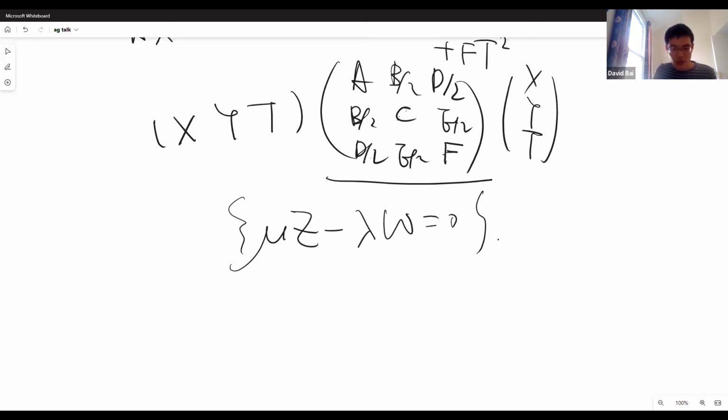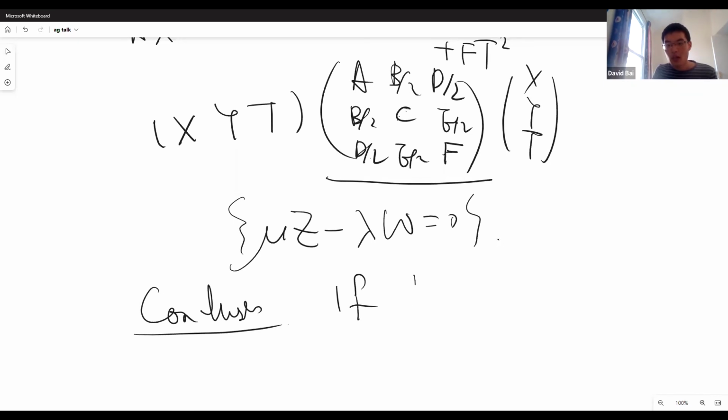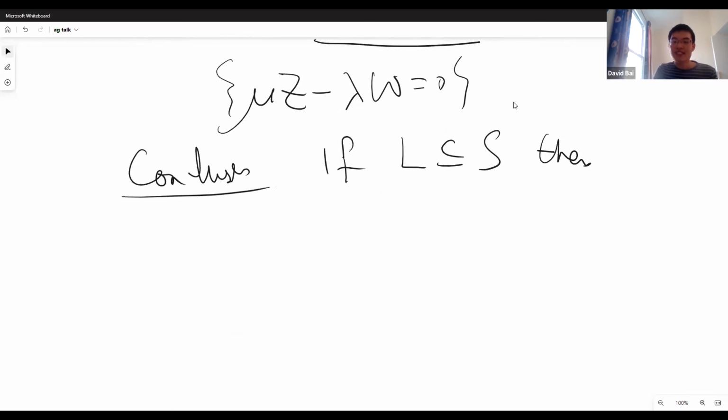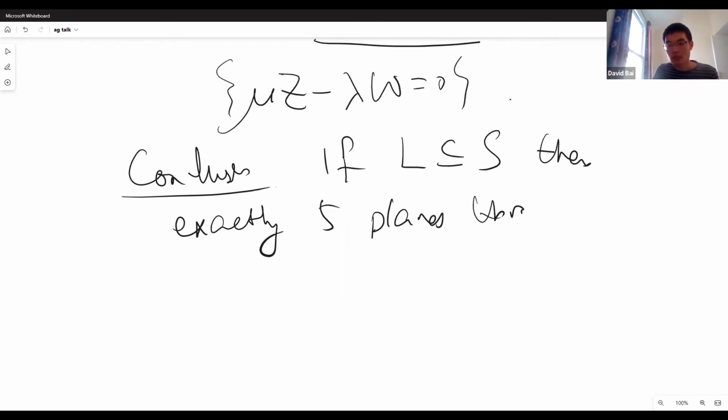So we've concluded the following. I will write a conclusion of the claim because we have proven it. Conclusion: if L is contained in C, where L is a line, then there are exactly 5 planes through L. Five planes, let's say a typical plane is H, such that H intersect S equals 3 lines.